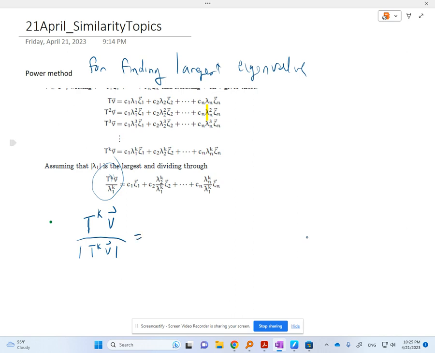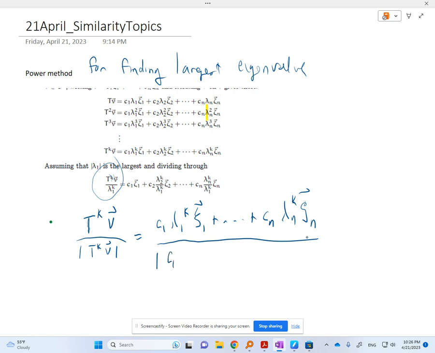Now, if we use this expression here, we have c1 lambda 1 to the k zeta 1 plus dot dot dot plus cn lambda n to the k zeta n. If you read Hepburn's book, you can see that these zetas are the eigenvectors and the lambdas are the eigenvalues that correspond to that. Okay, in the bottom, I'm going to put the absolute value.